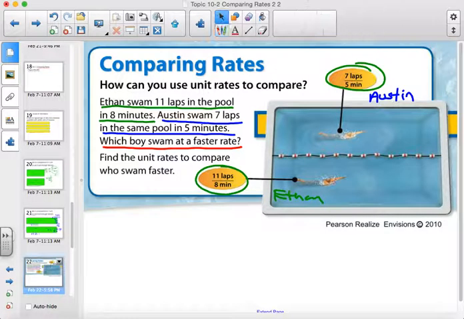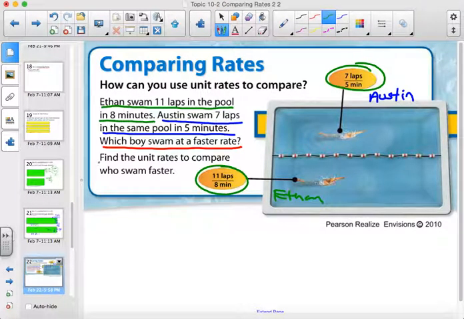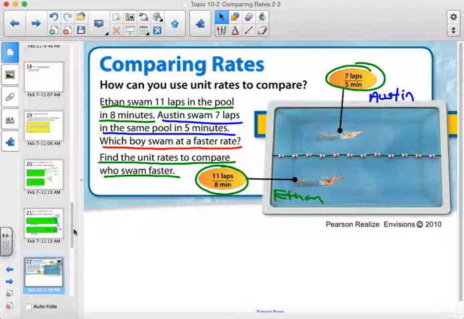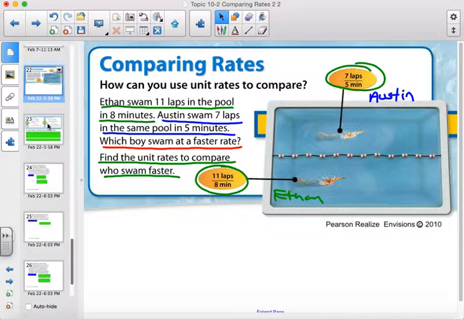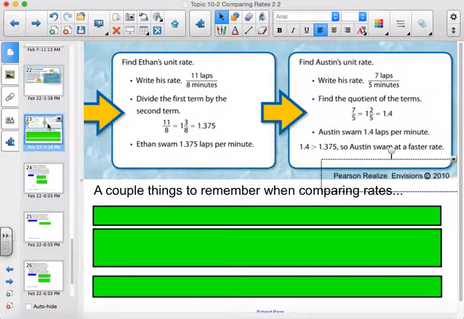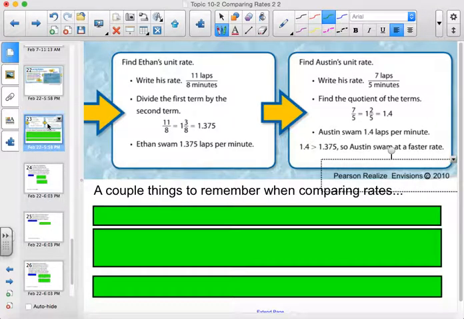In order to answer that question, we need to find the unit rates to compare who swam faster. So the book goes through pretty much what we just went over in our review. We find a unit rate for each one of the swimmers. We take Ethan's initial ratio of 11 laps to 8 minutes, and we divide the first term by the second term.